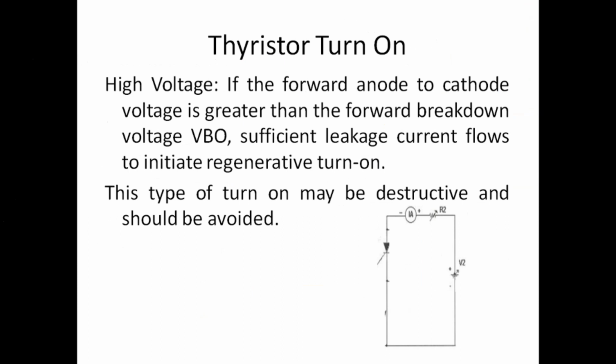If you are a power electronics engineer or power engineer, you use these methods to turn on an SCR. Either you use a gate current, otherwise you use light. If you are using light, we should go for an LASCR only.